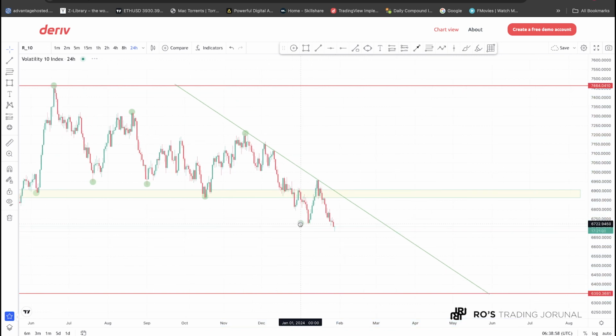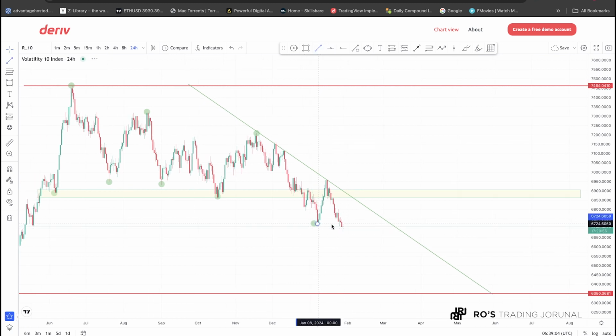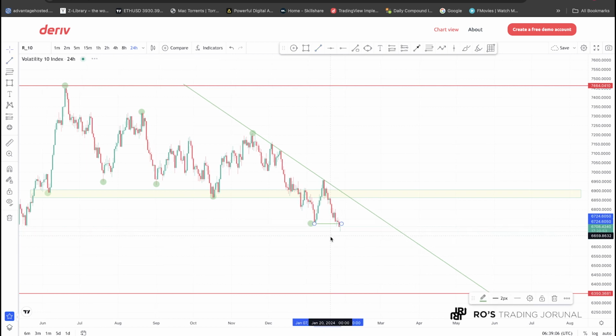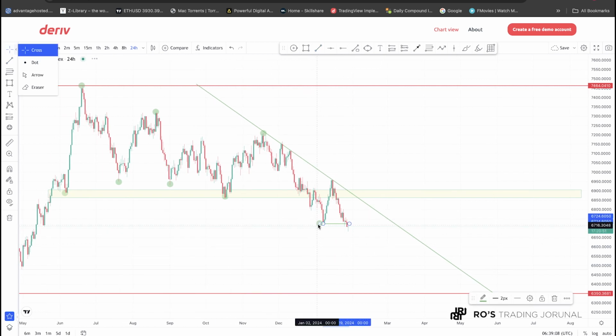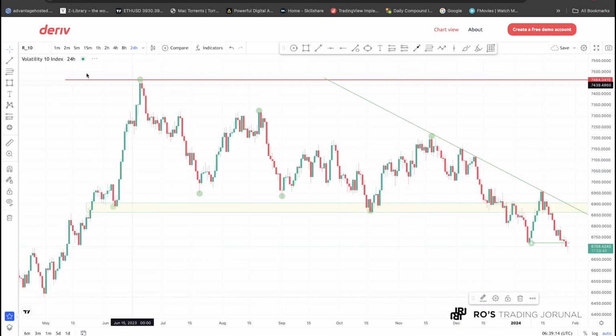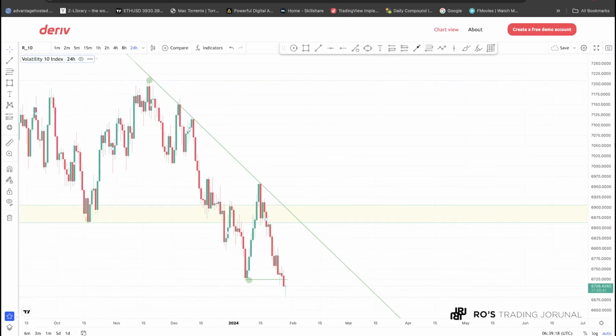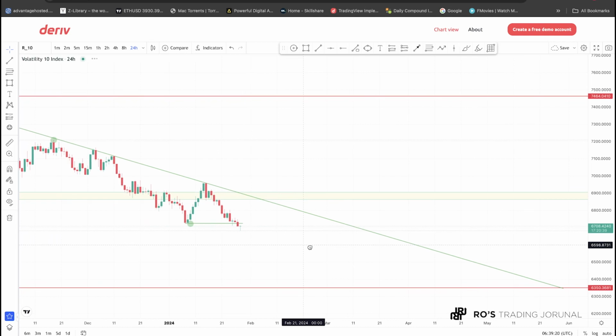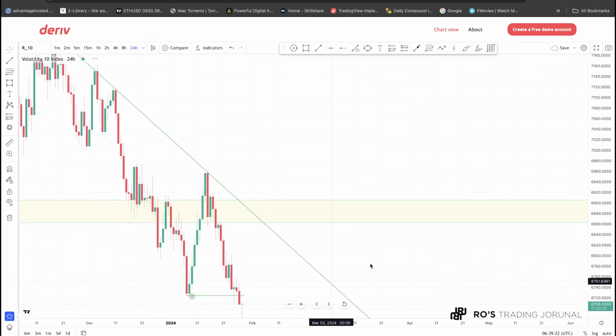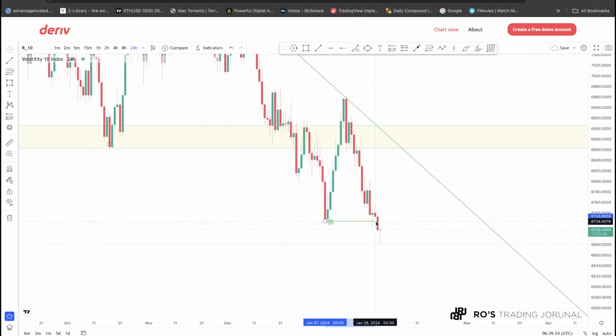I'm just going to draw a line here to signify a break of structure. Still our swing low, and I'm anticipating this to come all the way up. One last thing I like to do on the daily is mark my previous day swing high and swing low.